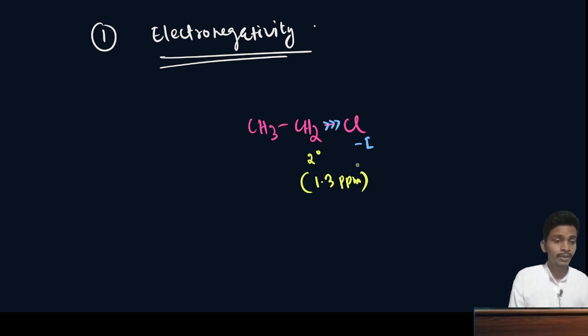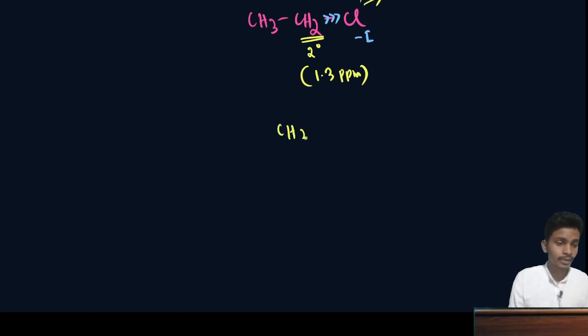So we have seen how much the increment will be due to chlorine: for chlorine that increment value is 2 ppm. So the chemical shift value for the hydrogen atoms in, let's say, CH3Cl will be 1.3 plus this 2.